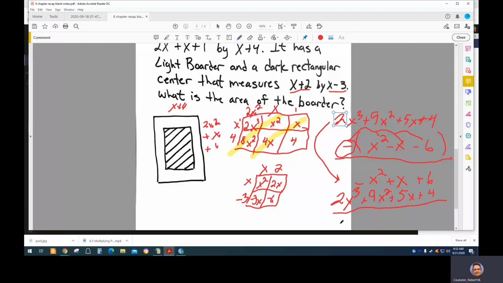Now we can combine our final terms. So we have a 2x to the third power, and then we have what? Plus 8x. And like that, you've solved every single piece down the line very carefully.